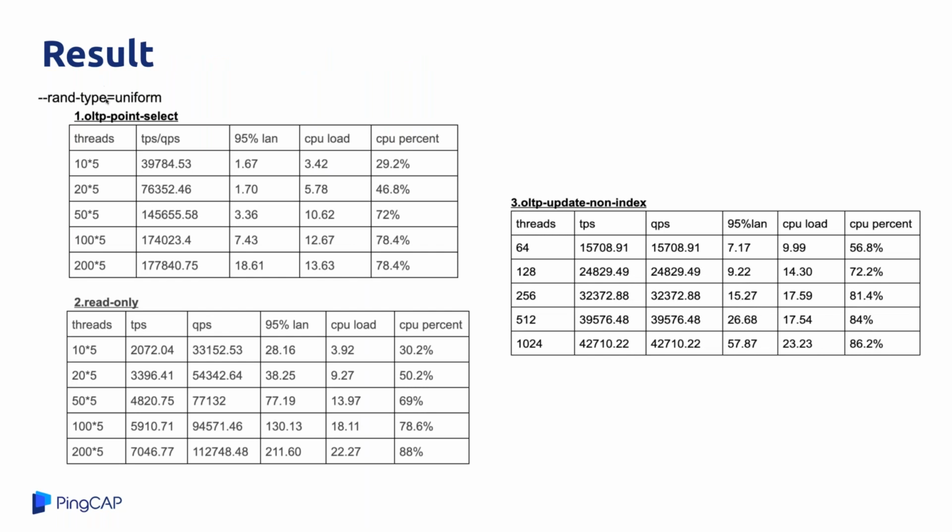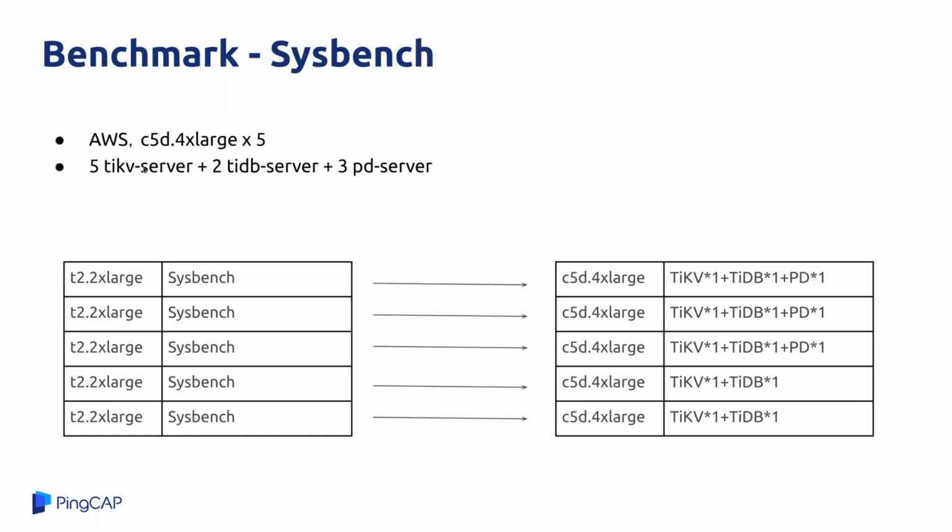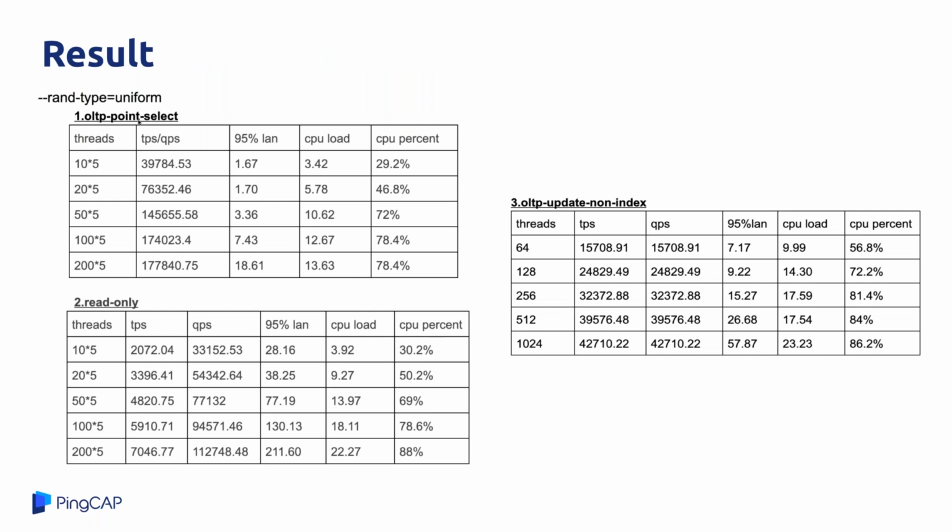And the Sysbench result of this cluster is, for example, the OLTP point select is more than 177K for the point select. And the read-only TPS and QPS is also pretty good. And this is the OLTP update of 1 single row without index.